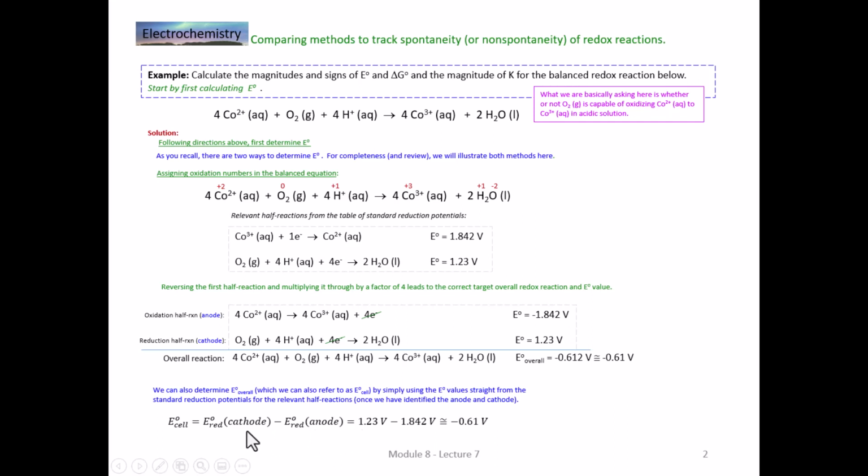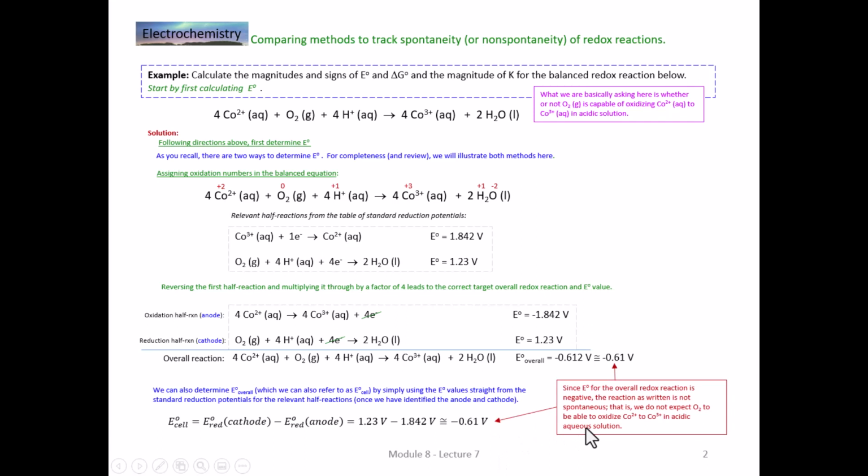So we'd have 1.23 volts minus 1.842 volts, which would give us, again, minus 0.61 volts as the overall potential for this reaction.